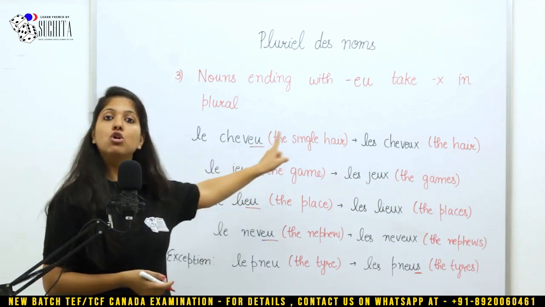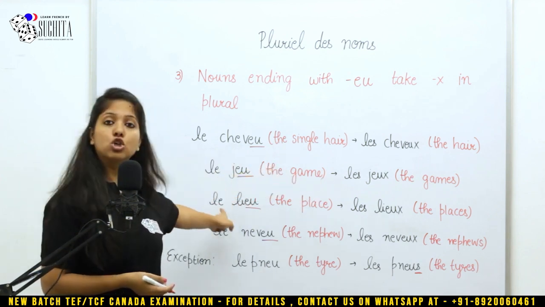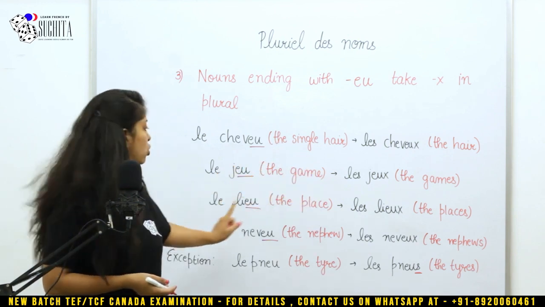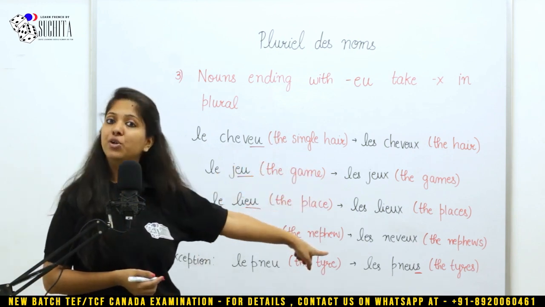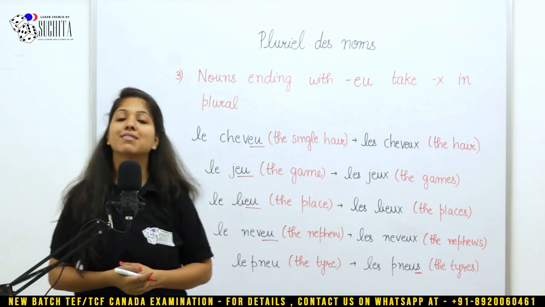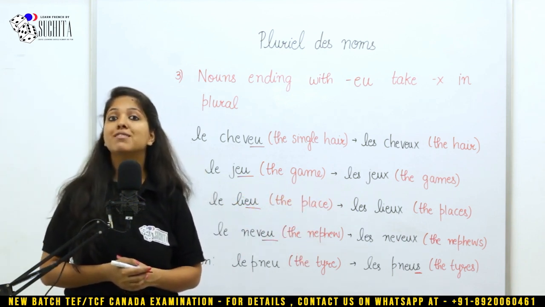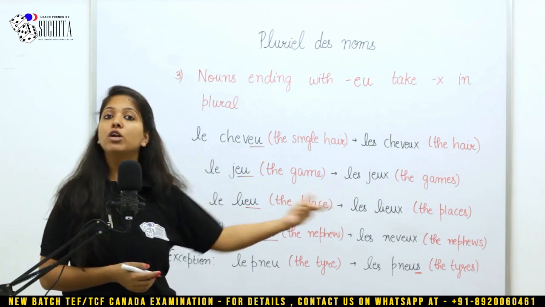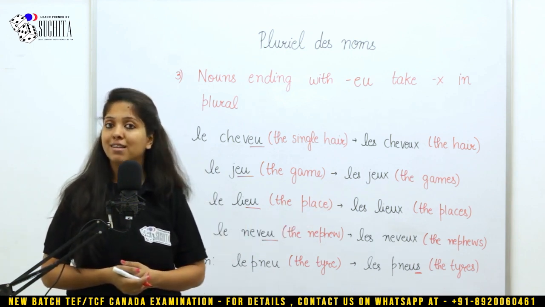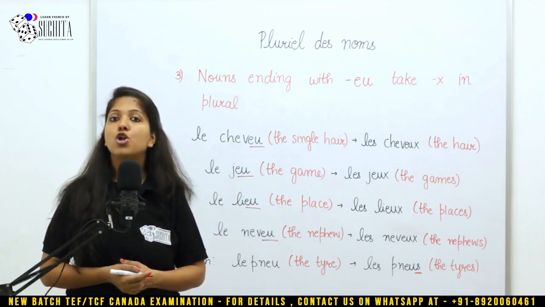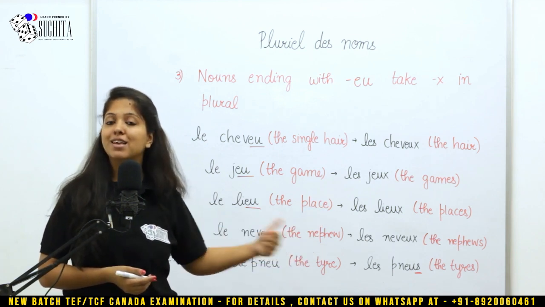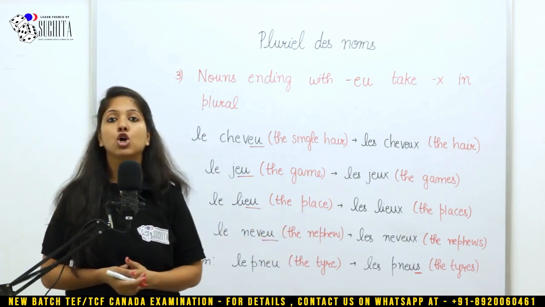So le cheveu, les cheveux. Le jeu, les jeux. Le lieu, les lieux. And the next example that we have is le neveu. Neveu, which means the nephew. Now in order to make its plural, you will add again an X and it becomes les neveux avec X. Les neveux, which means the nephews.